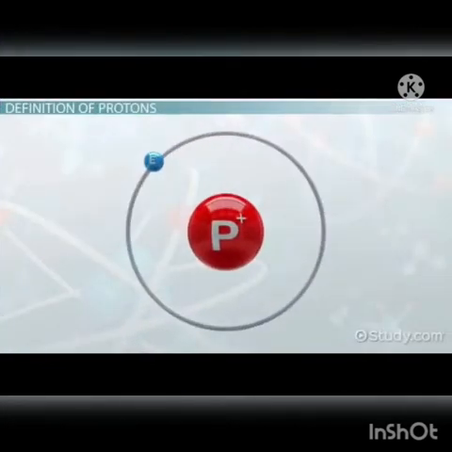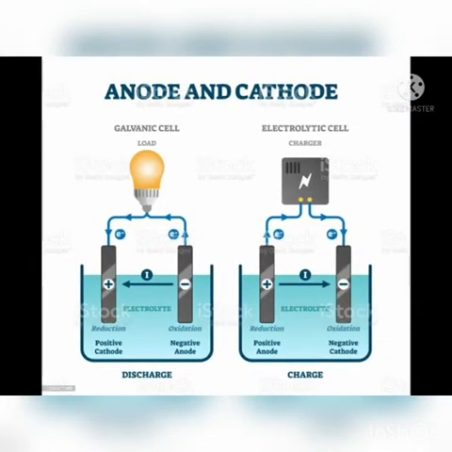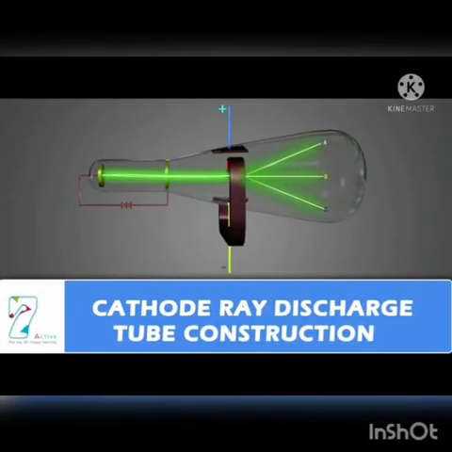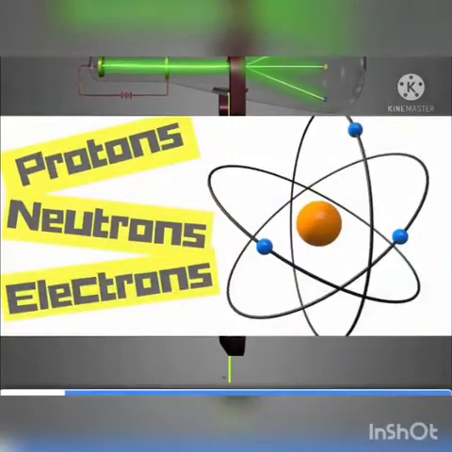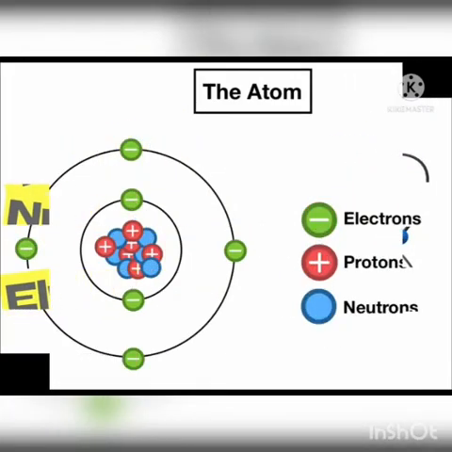These rays are also called anode rays, as they emerge from the anode and travel towards the cathode. So it becomes necessary to find out how these electrons and protons were arranged inside the atom.